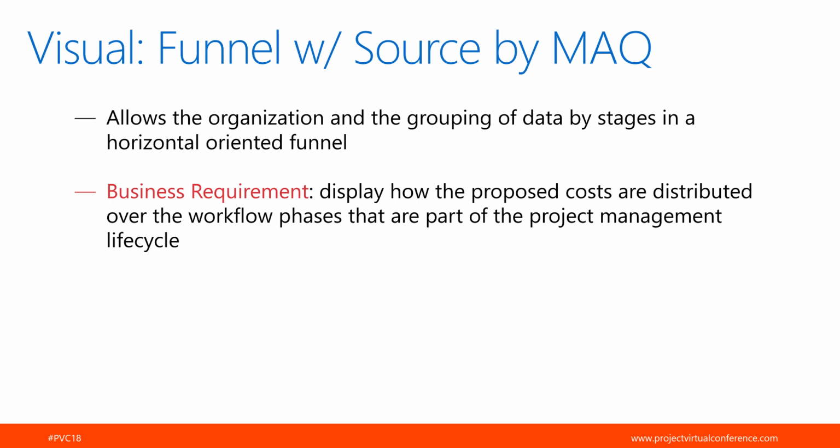For each of the visuals that I will be presenting and showing to you during this demo, there is a business requirement behind the scenes, and I would like to provide you with some more context about it, so then you can make sense of why we selected this visual to be part of our Power BI file.